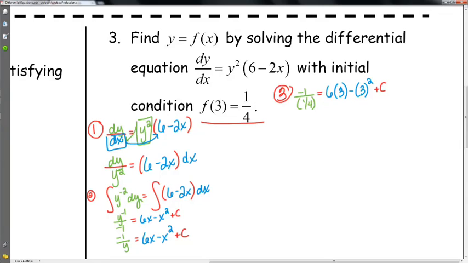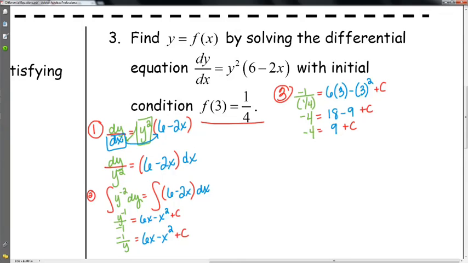So this simplifies to negative 4 is equal to 18 minus 9 plus c, which is negative 4 is equal to 9 plus c.